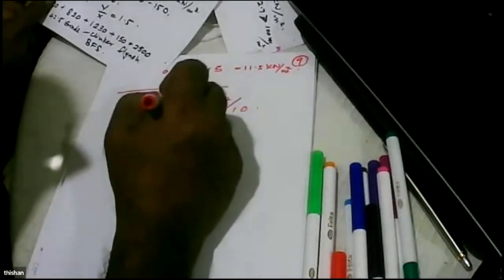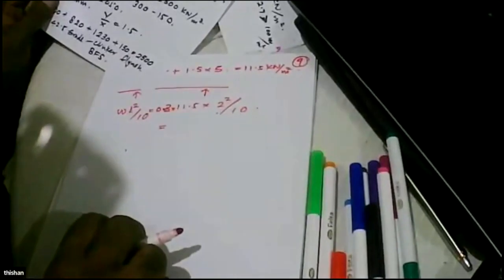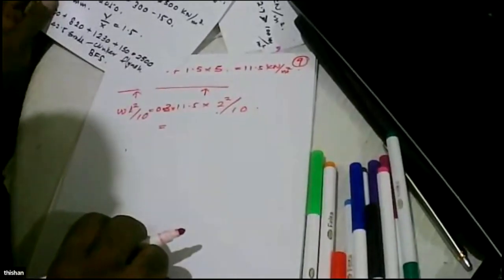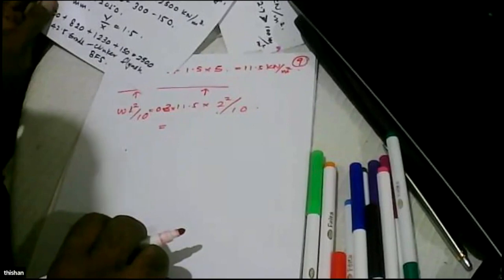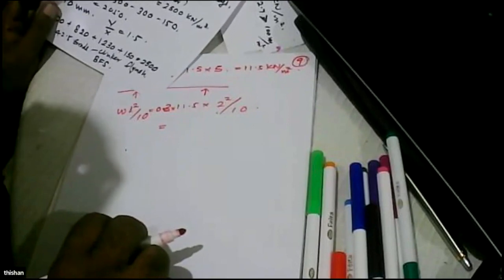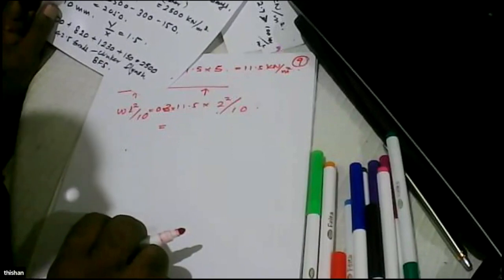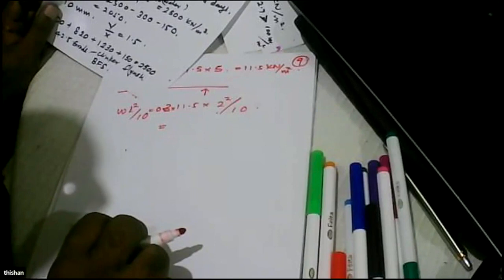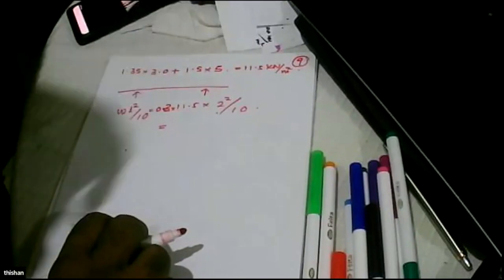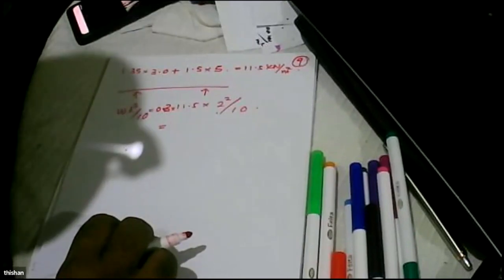Sorry, I have to multiply this by 0.3 because the width of the panel is 0.3. So I can't use 11.5. I have to use 11.5 multiplied by 0.3, which is 1.38, because we are considering a panel of only 0.3 meters of width. How much do you get now? 1.38.